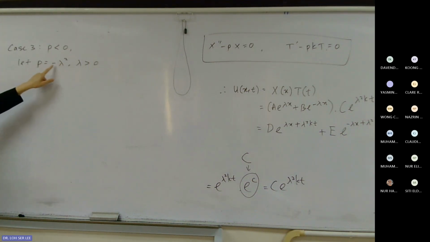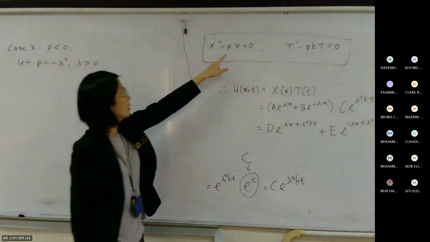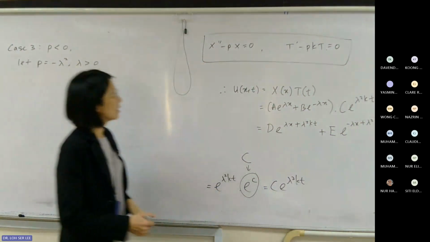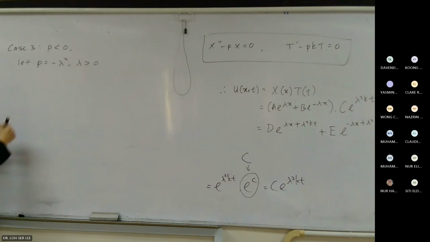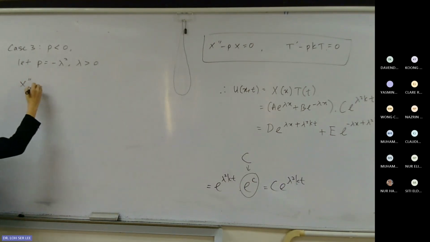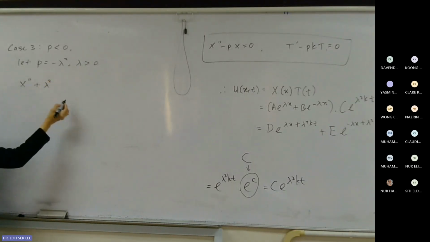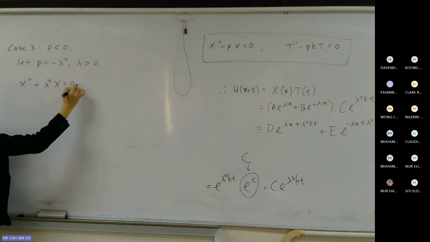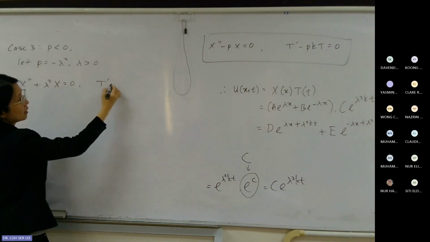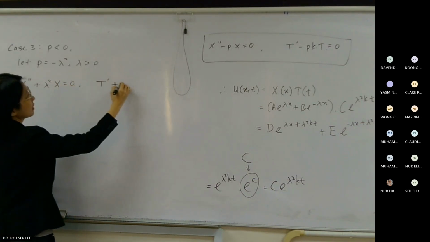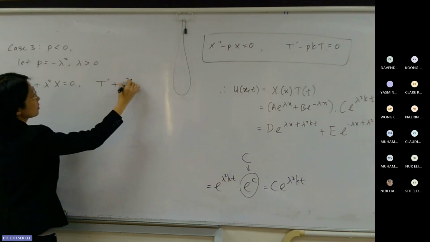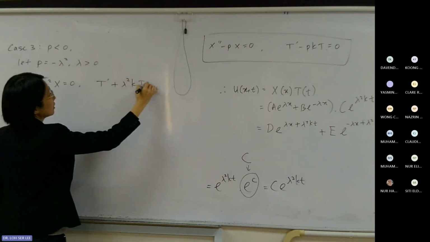So we get another two ODEs. X double prime plus lambda squared X equals 0. And another one is T prime plus, your p is negative lambda squared now, kT.